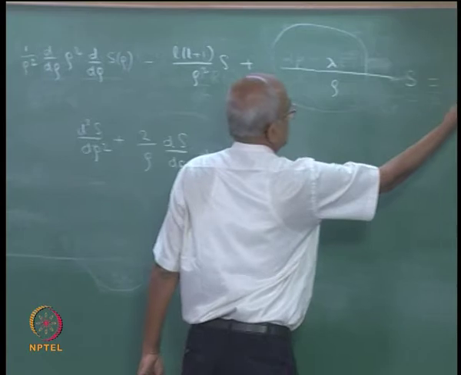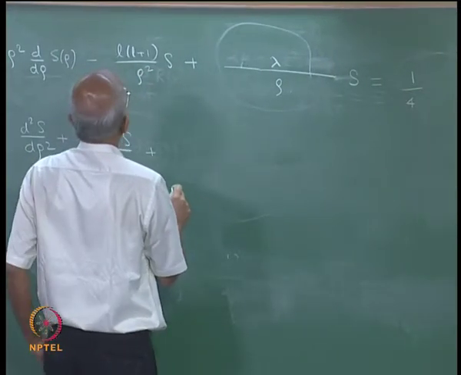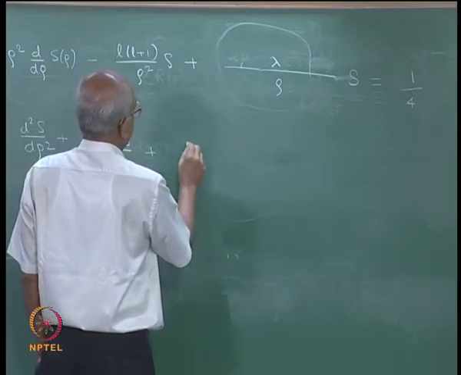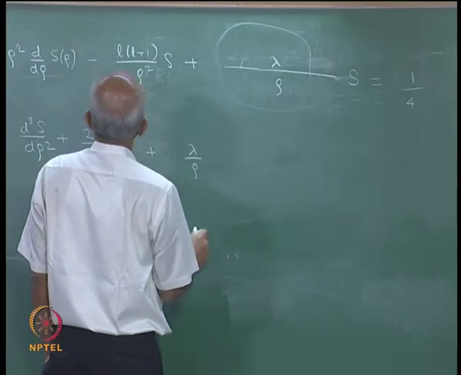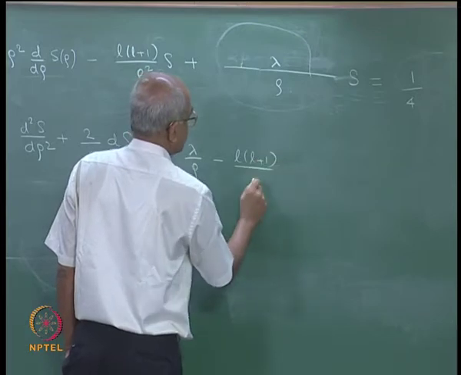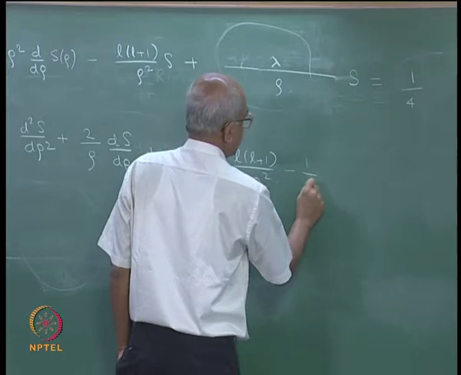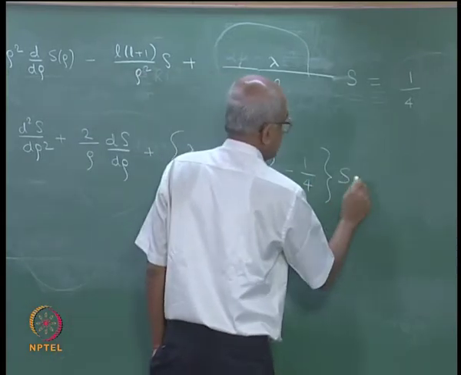I will take this term to the left hand side. So, what I will get is plus lambda by rho minus L into L plus 1 by rho square minus 1 by 4 into s is equal to 0.